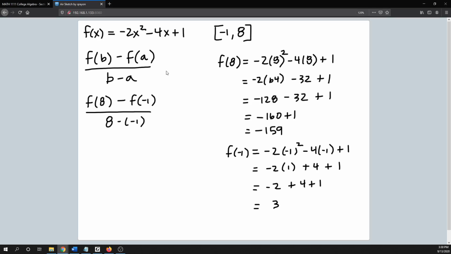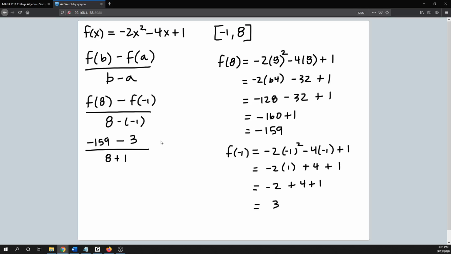So now going back over here, we know that f of 8 is negative 159. And then we're going to subtract off this 3. And on the bottom, we have 8 plus 1, because 8 minus a negative 1 is the same as 8 plus 1.